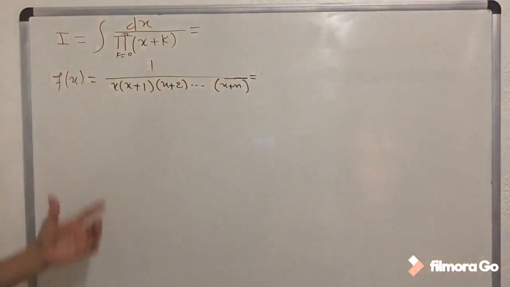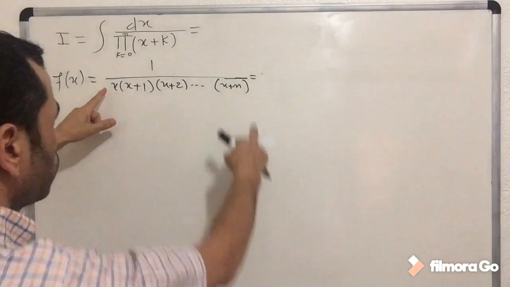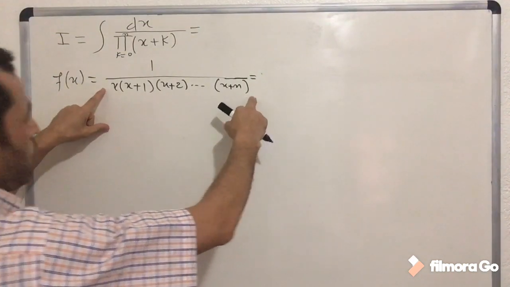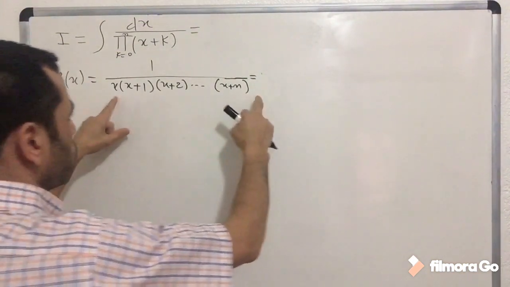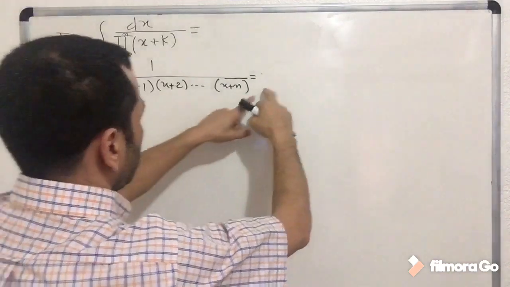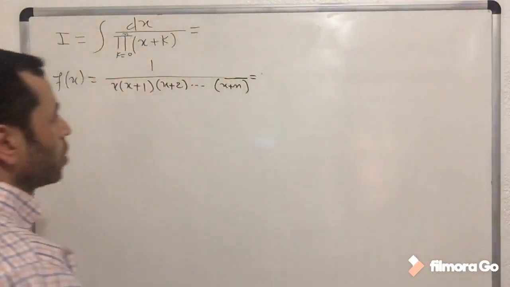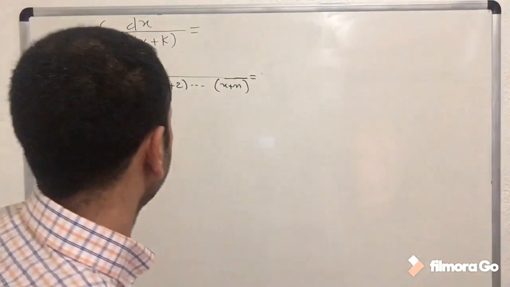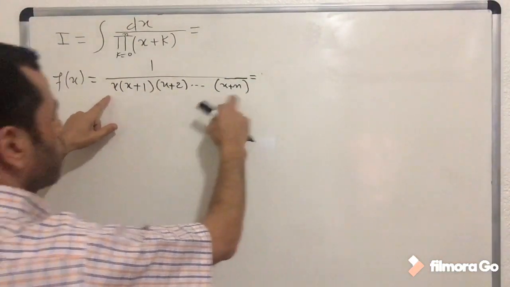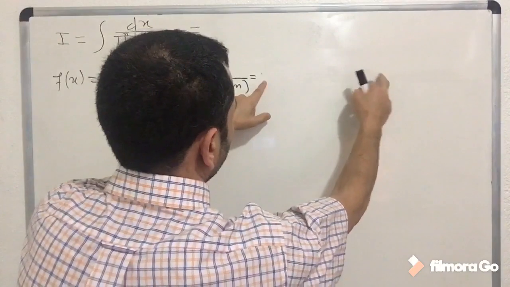Okay, let's begin now. This one is a product on the bottom. When you see a product on the bottom of a fraction, right away you go into the decomposition form. What does the decomposition form mean? Transfer the product to addition terms.